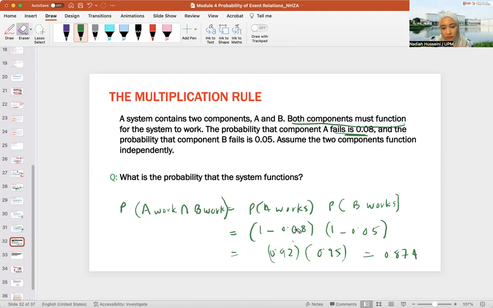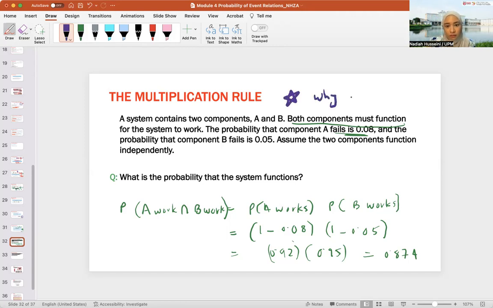This assumption tells me that component A is a sample space of its own and component B is a sample space of its own. Because when I talk about this guy, because they are independent, right? They are independent. I'm gonna have to look back on that one. Why doesn't it work? That's a good question, actually. Let me highlight that.